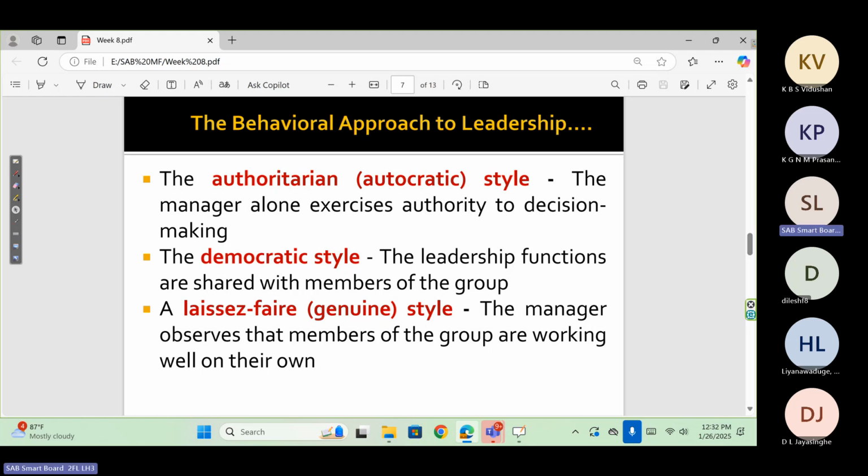The Iowa researchers initially found these three classical leadership styles.